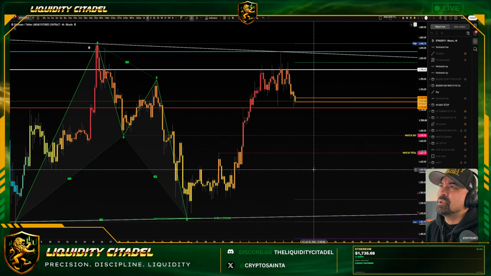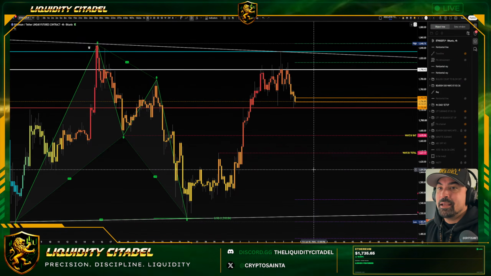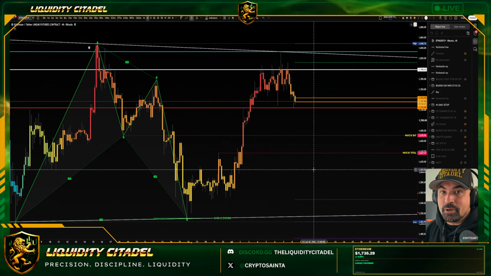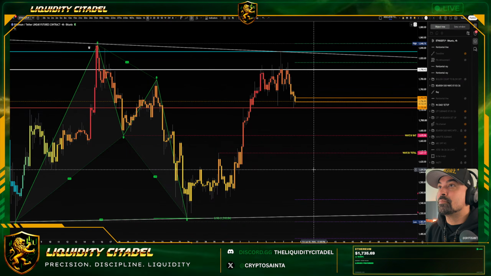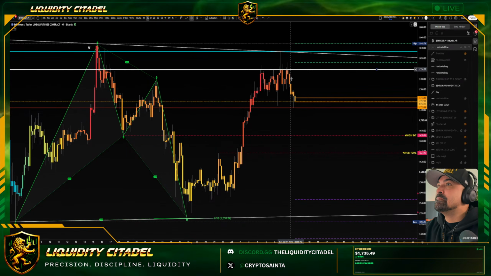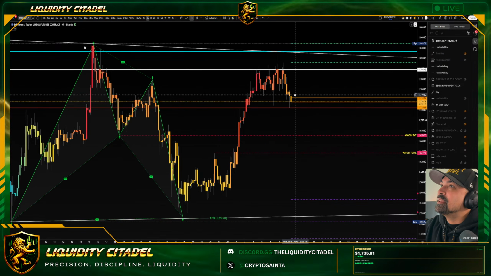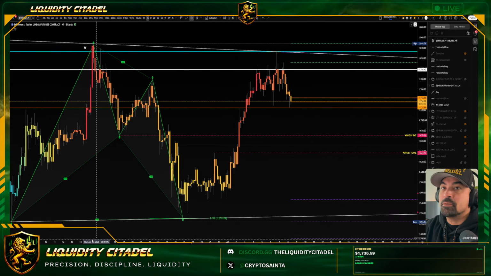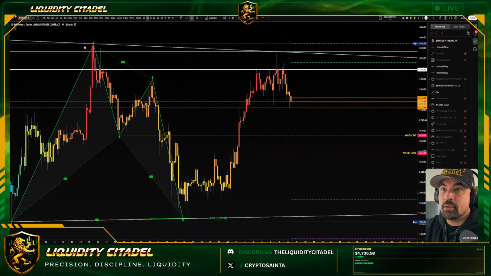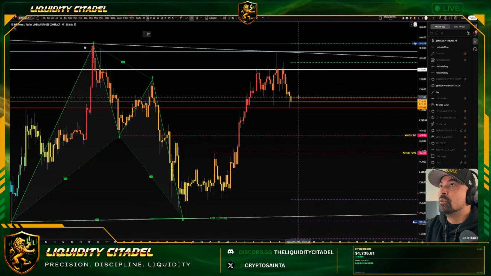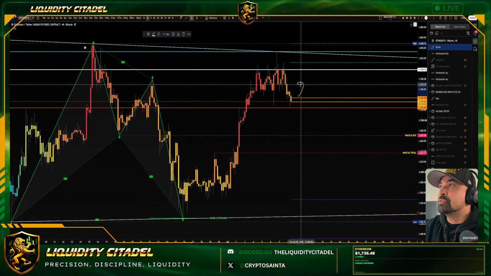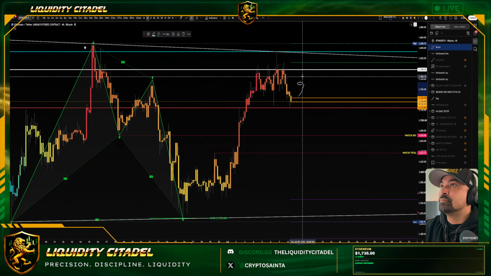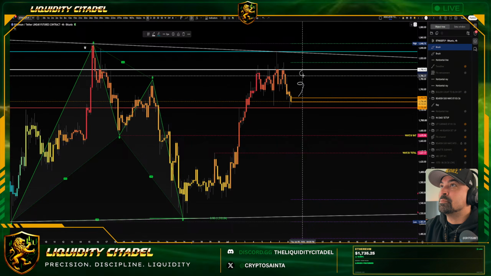It doesn't mean it's untradeable, it just makes it so easy for either side to be taken out. So it's a little bit of a gamble if you're shorting from the zone. I don't think you're wrong per se, but you better be prepared to come back and revisit these areas, and even possibly revisit this area.